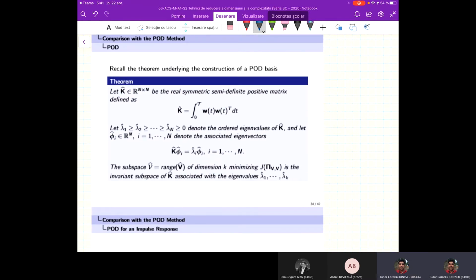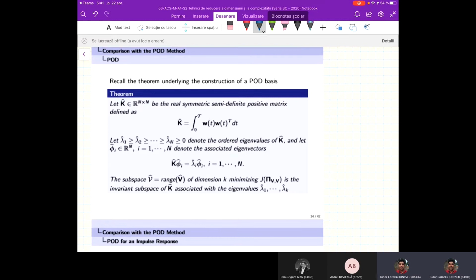Proper orthogonal decomposition, we haven't studied this. This is another model reduction method based on snapshots of the states. This is a practical method. So you construct a basis from the snapshots of the states used in this form.